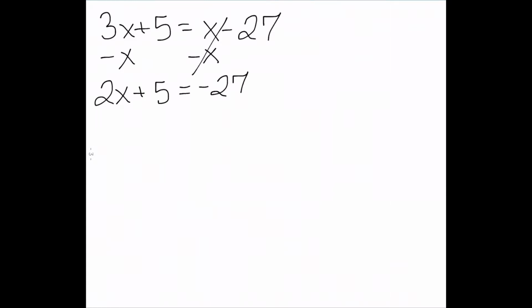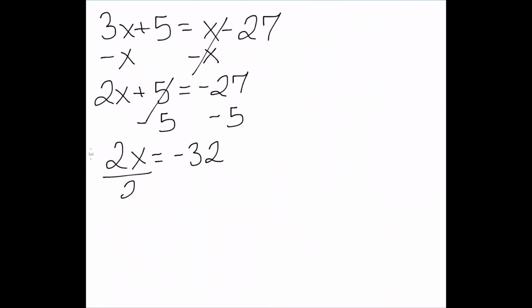I then want to get the constants together, so I'm going to subtract 5 because I want them on the other side of the variable. On the left, I have 2x, and on the right, -32. We can then divide both sides by 2, and I get x equal to -16.